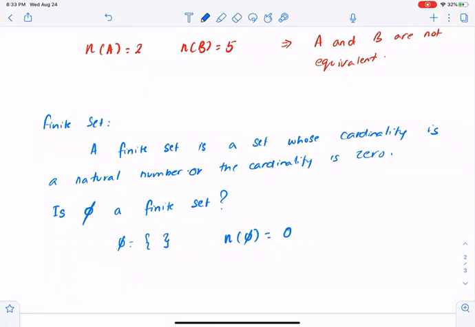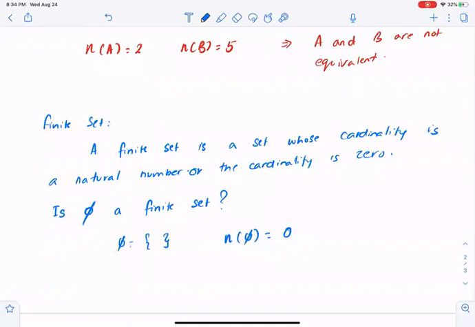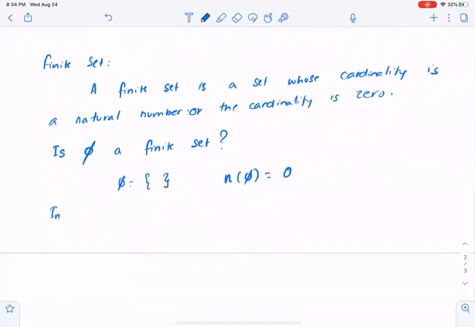So the definition of a finite set is that the set must have a cardinality that's a natural number, or it's just 0. There is only one set which is going to have a cardinality of 0, which is a null set.